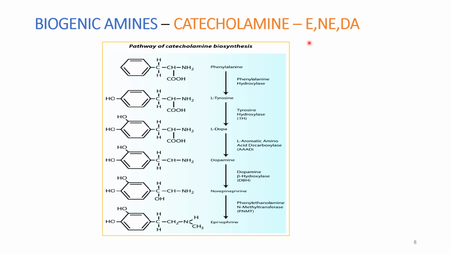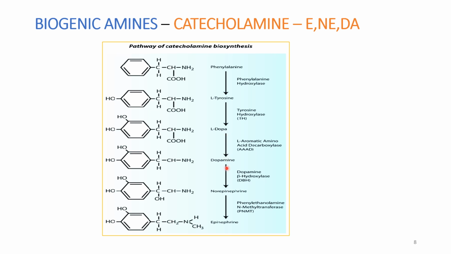Now we are discussing these catecholamines. Catecholamines include these three: dopamine, norepinephrine and epinephrine. How are they synthesized? They are synthesized from the amino acid phenylalanine. Upon the action of phenylalanine hydroxylase, phenylalanine is converted into L-tyrosine. Then, with the action of tyrosine hydroxylase, it is converted into L-dopa.